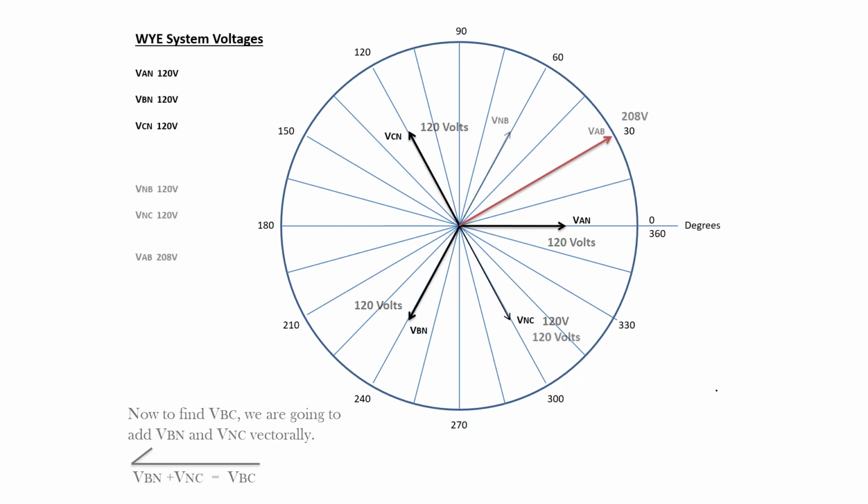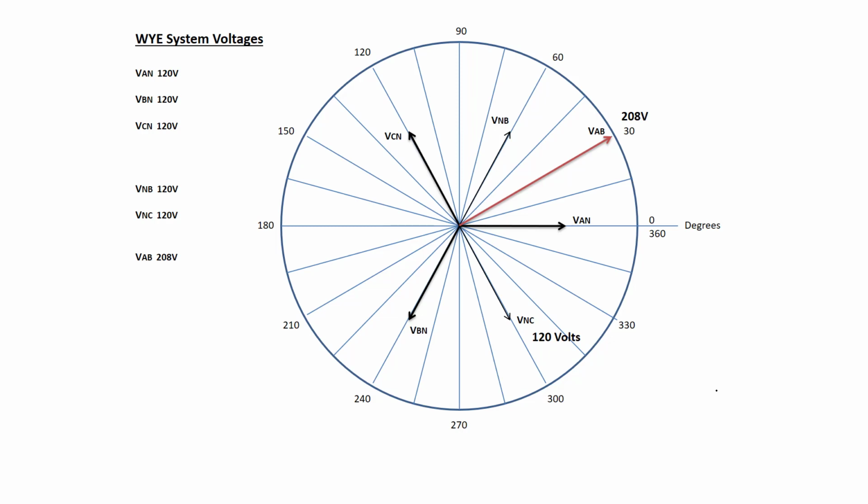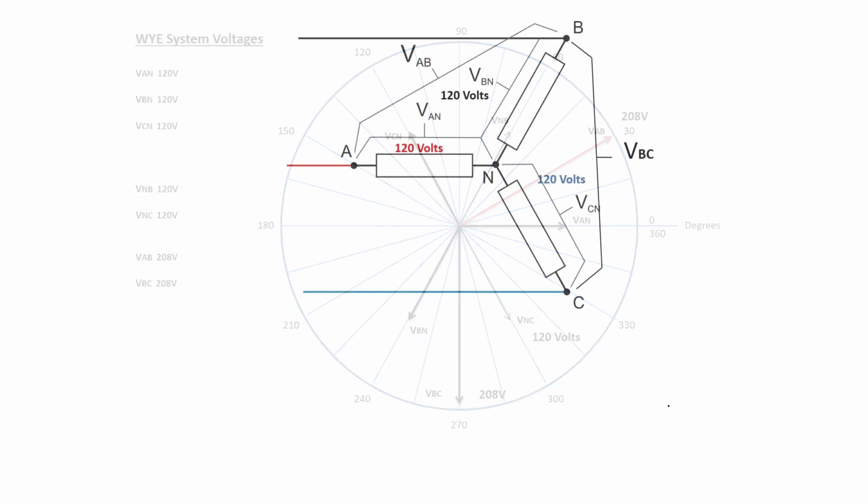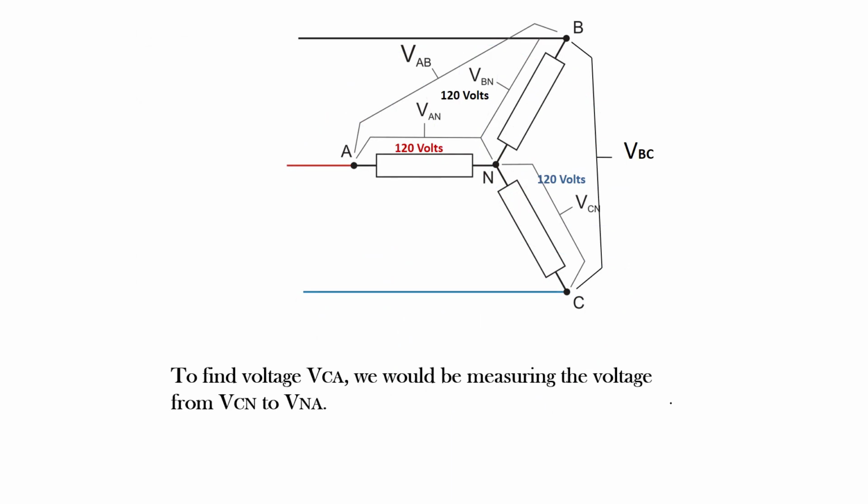Let's now have a look at our last one here, which is voltage CA. We do not know that one yet. Same procedure. I'm at C, and here's my voltmeter. I have to walk the path that my voltmeter sees.